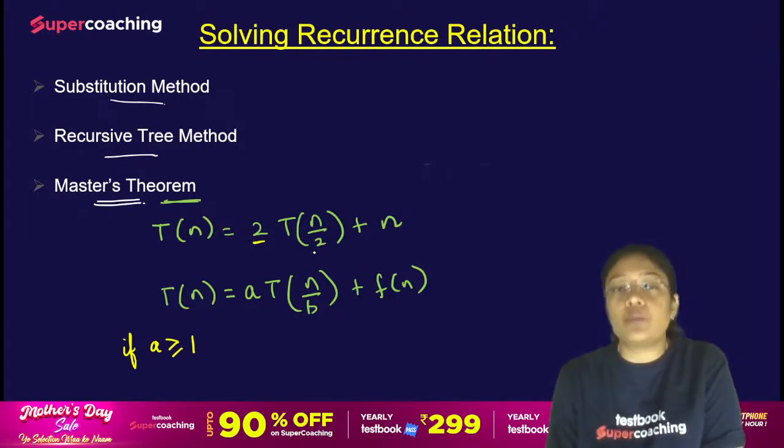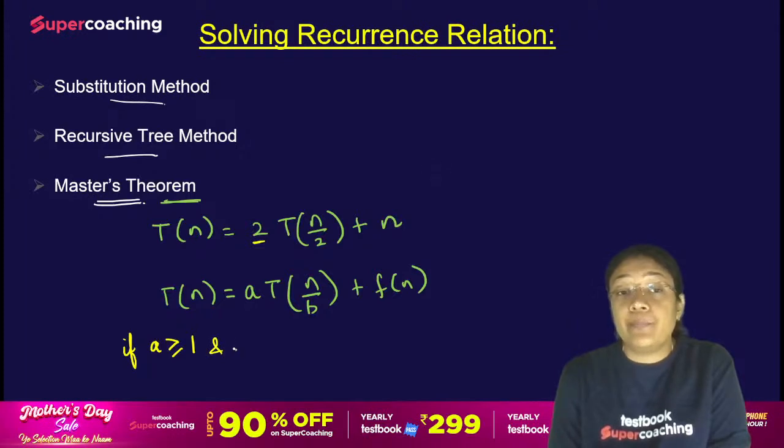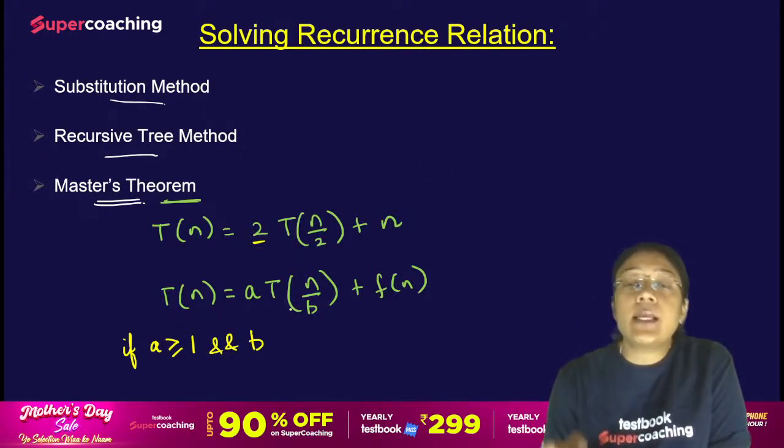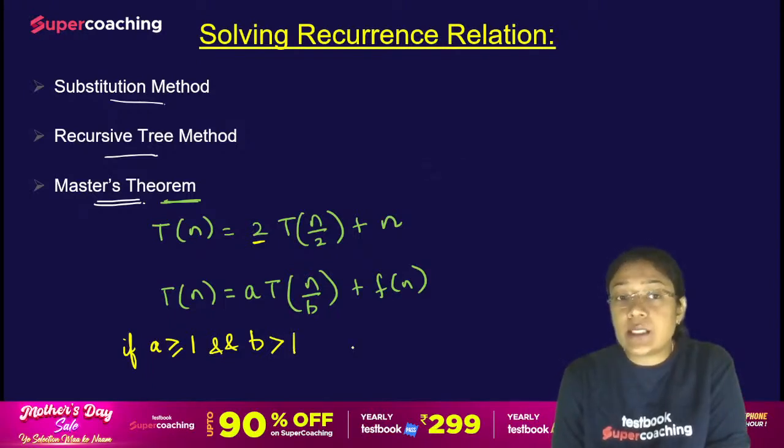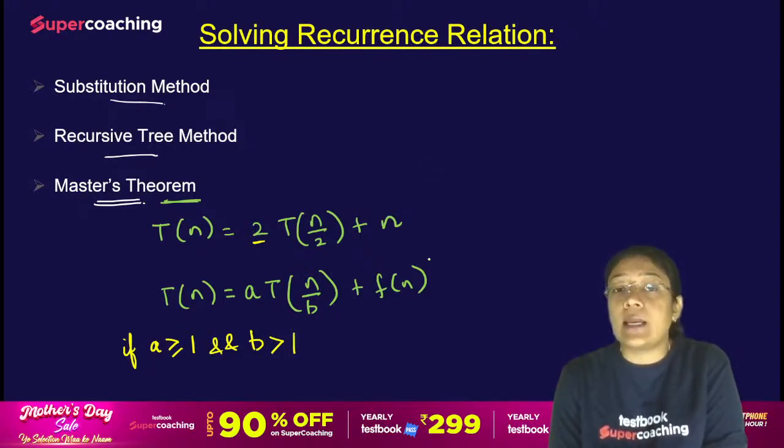Something should be present in the denominator. And b should be strictly greater than 1, because if it equals 1 then there will be nothing in the denominator. So b should be strictly greater than 1. If this condition is true, only then we can apply Master's theorem. Otherwise, Master's theorem is not applicable.